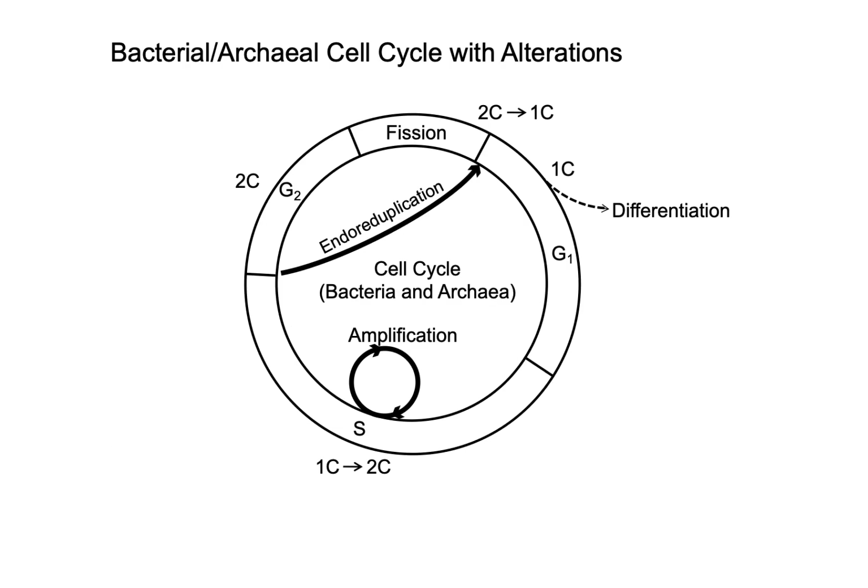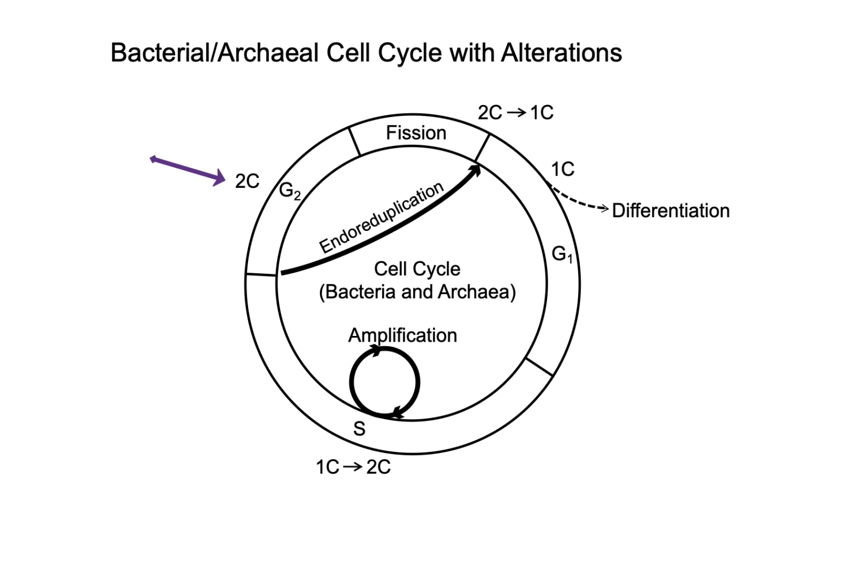So each of these can be explained on a typical cell cycle. So here's a cell cycle of bacteria and archaea, where you have cells in the G1 phase, some of which go through a differentiation or a resting stage by forming spores. Then you go into the S phase, where the level of DNA is increased from the 1C to the 2C level.